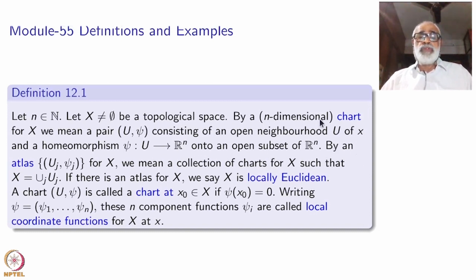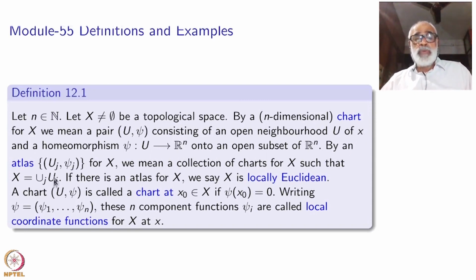Now once you have defined a chart, I am going to define an atlas. Okay, these are borrowed from geography. I think all these things go to Gauss. So by an atlas we mean a collection of charts (Uj, psi j). What is the condition?